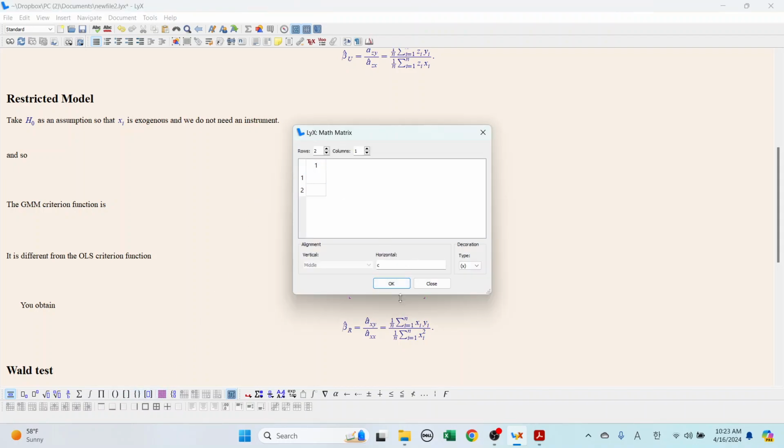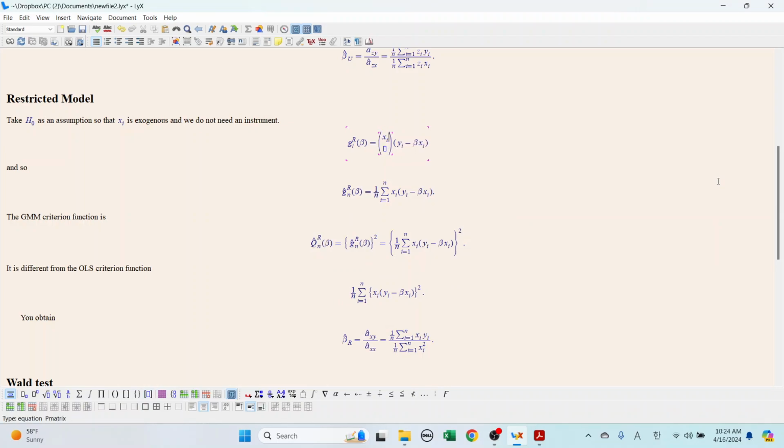In the end, we learned that the instrument does not matter, and it is just an OLS estimator. But now let's think about testing. We know the conclusion: anyhow, the instrument does not matter.